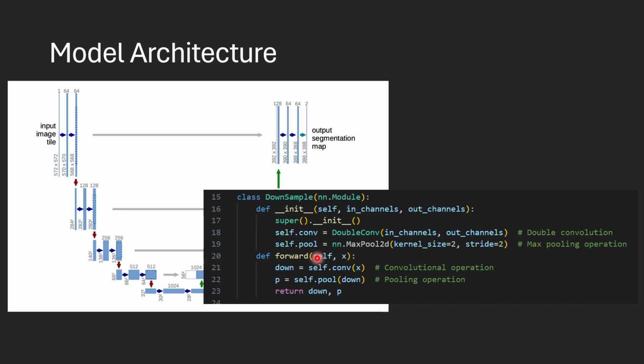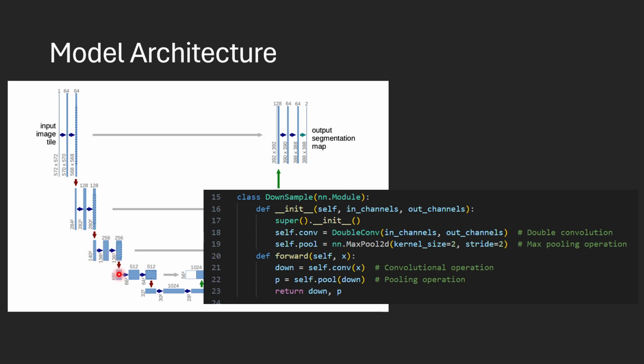Downsample is not just the downsampling part, but a combination of one double convolution followed by a max pooling.